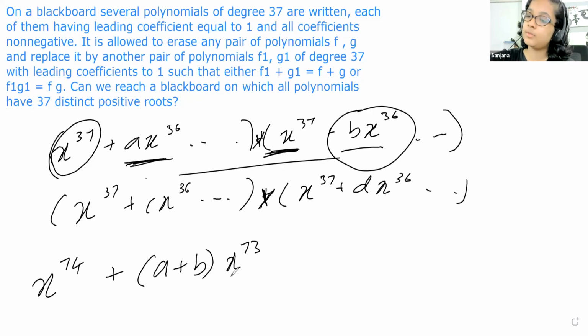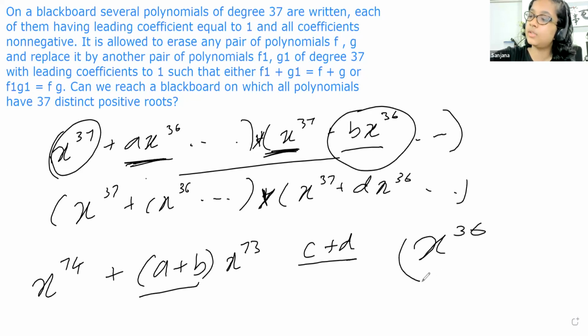So it has to be a plus b. But similarly, because of the second thing you're replacing those two with, it also has to be c plus d. So a plus b is always equal to c plus d. Because of that, you can see that the sum of the coefficients of the x raised to 36 term is invariant.